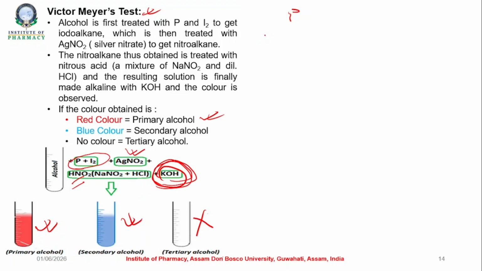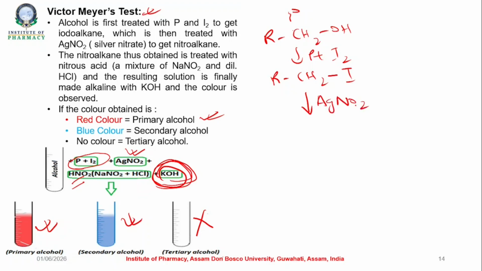So we have a primary alcohol here which is treated with phosphorus and iodine, and we get our iodoalkane here. Now this iodoalkane is subsequently treated with silver nitrate. When it is treated with silver nitrate, we get a nitroalkane.